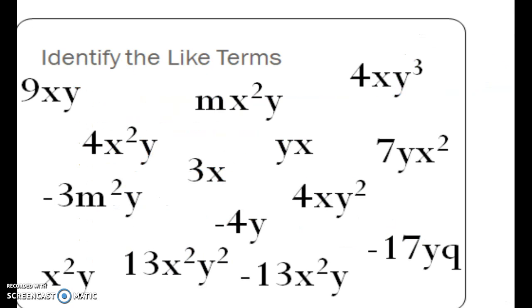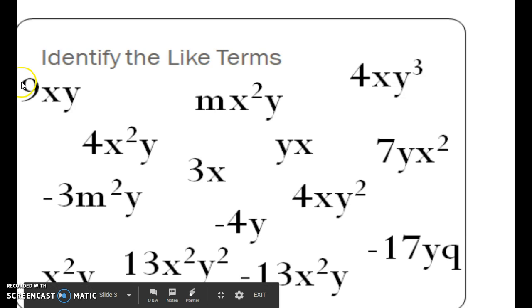All right, so if we look at this page right here, identify the like terms. All right, so if we look at all these different terms, can you find the ones that are the same? So look right here first at 9xy.